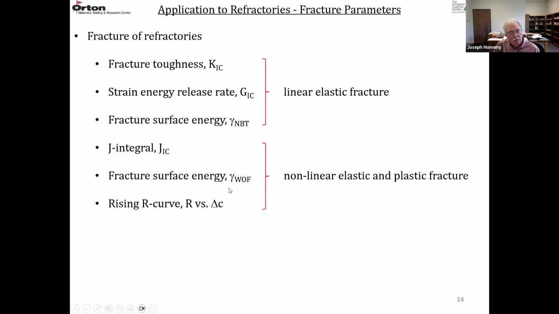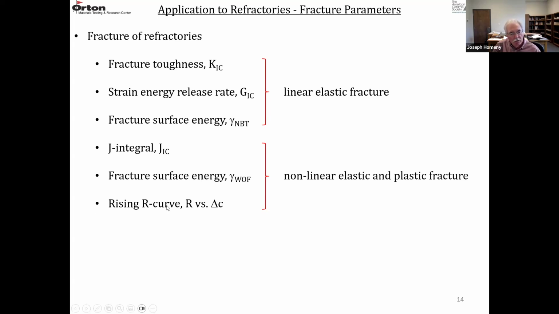There's another fracture surface energy that's very important, gamma WF for work of fracture. And by the way, NBT is notch beam technique. And that's the technique I showed you to measure K1C. This is the energy, gamma WF, to keep a crack moving once it starts. So it's the energy to propagate a crack.